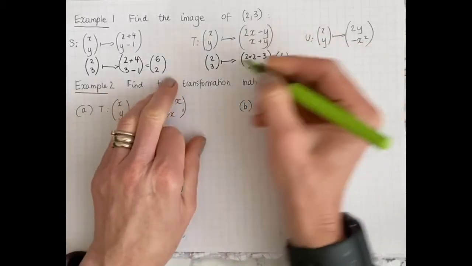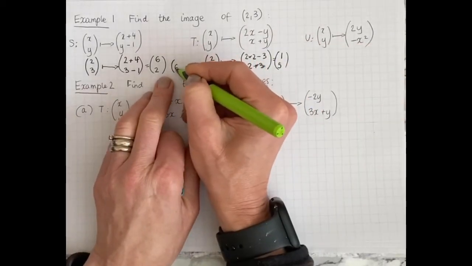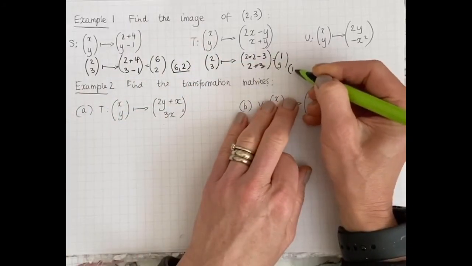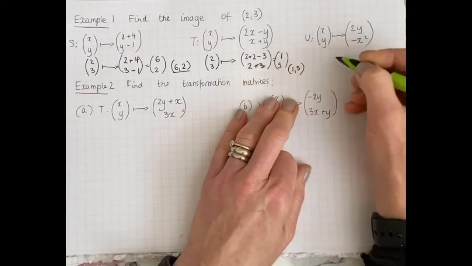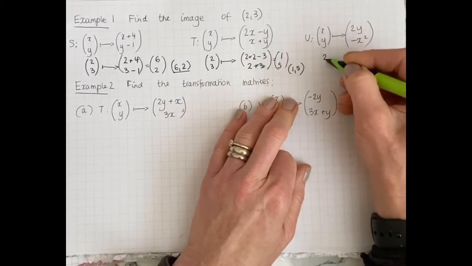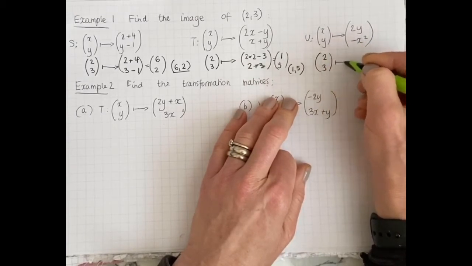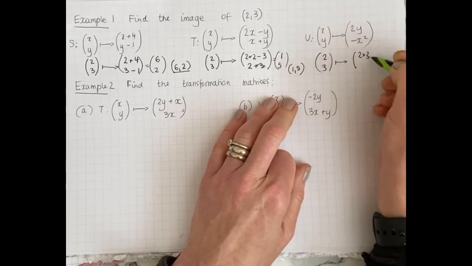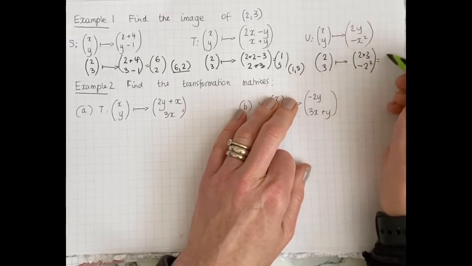By the way, I've given the answer as a vector, so really I should write it as a point. Okay, and finally you've got this one, so if you put 2, 3, simply substitute 2 instead of x and 3 instead of y. So this will go to 2 times 3, and this will go to minus 2 squared. So the answer is 6 and minus 4.